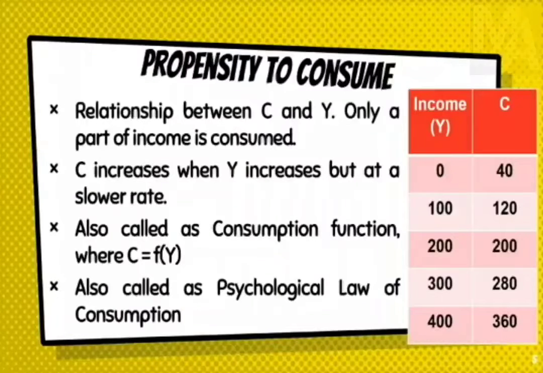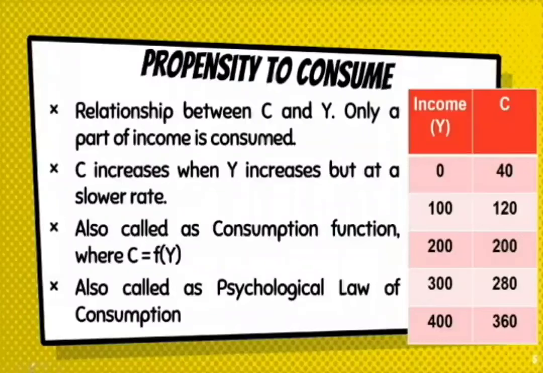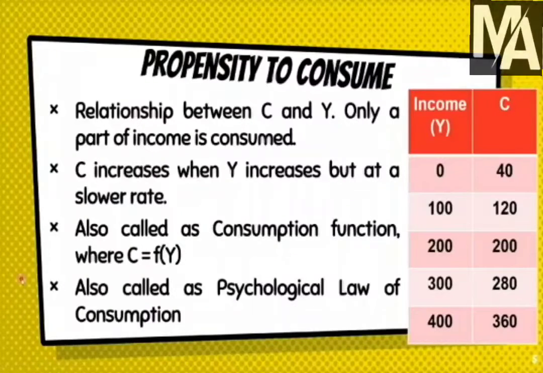Now you can see the table on your right there, and that table has been directly borrowed from the aggregate demand curve. You can once again check out my YouTube channel where I have released this video. There in the aggregate demand table, the first two columns were Y, that is income, and consumption. As you can see, there is an increase in income, and that income corresponds to the increase in consumption.